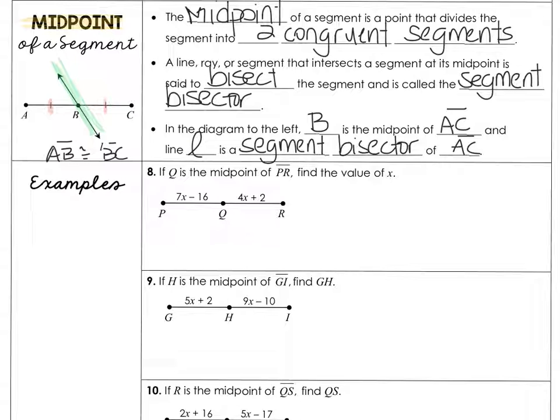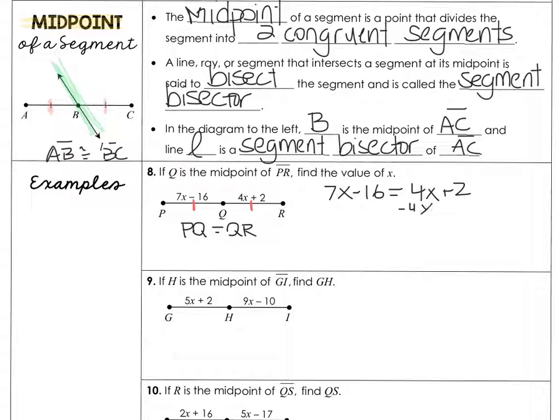So I'm told that Q is the midpoint of PR. So since I know it's a midpoint, I know these two segments must be congruent, or their lengths equal. So I can say 7x minus 16 equals 4x plus 2.